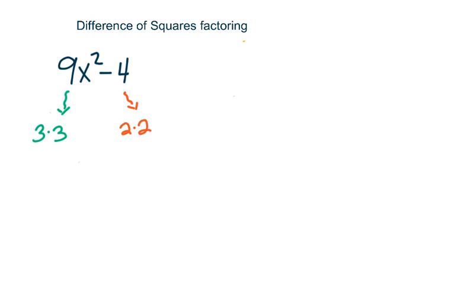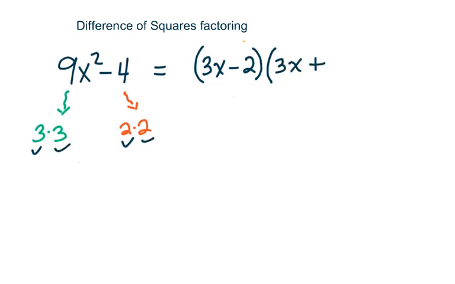And the way we're going to write this is we're going to take 3x minus 2. Okay, we're going to use each one of those for the first factor term. And the second factor term, we'll use that 3. And we're going to add the 2 at the end for that factorization.